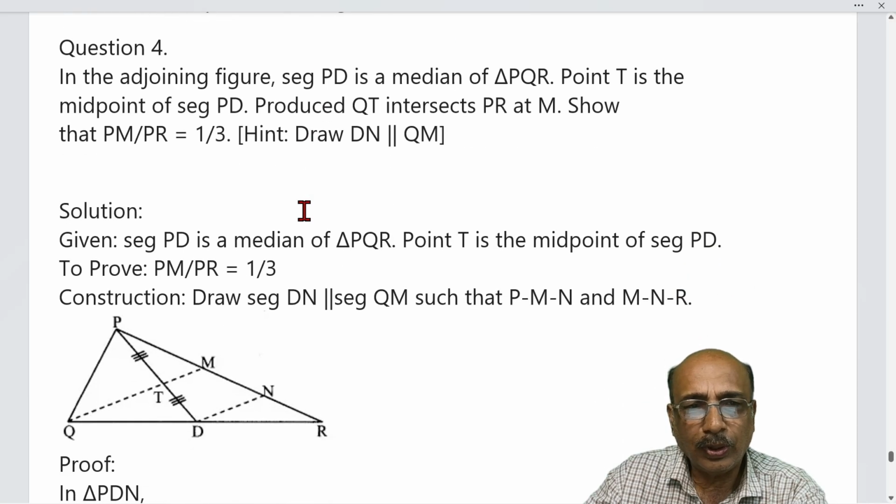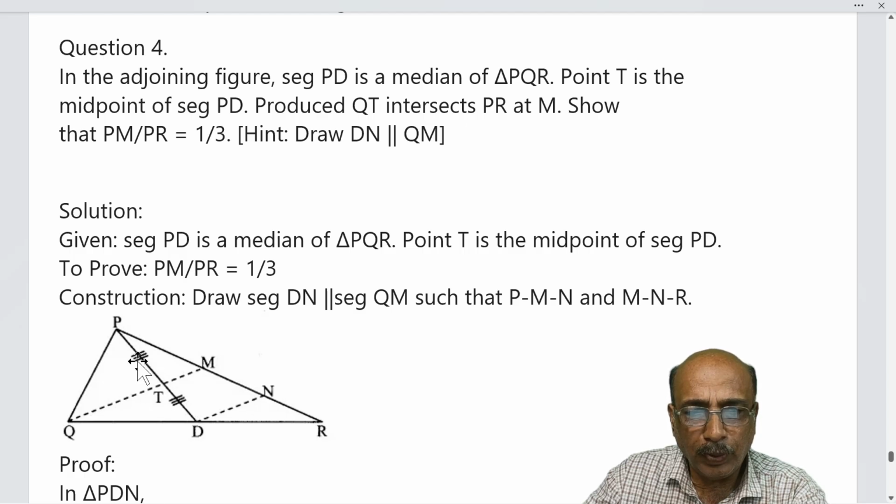Next, question 4. In the adjoining figure, segment PD is the median of triangle PQR. Median means D is the midpoint here. Point T is the midpoint of segment PD.